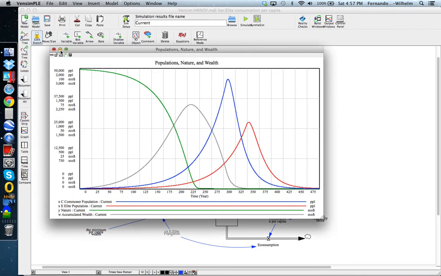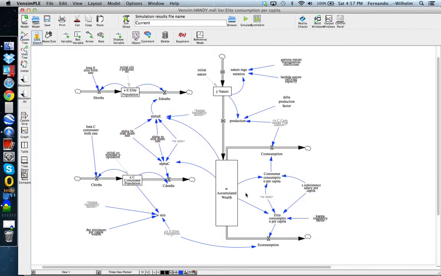Oops, sorry, came back. And I think the other thing I wanted to mention here is that one of the things that we didn't look at in the value was this delta production factor. As we saw in the lecture, the value of delta has an impact in terms of enabling more or less population growth or maximizing the carrying capacity for population.